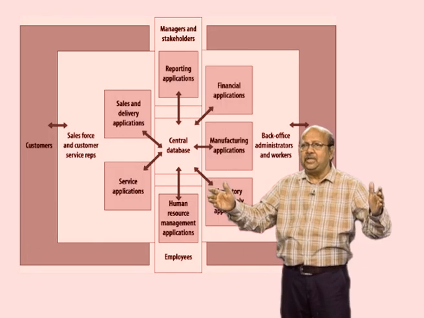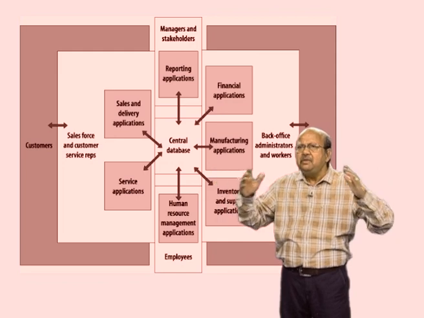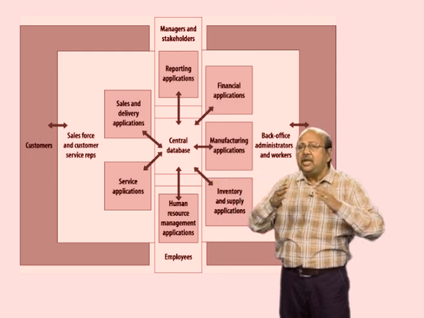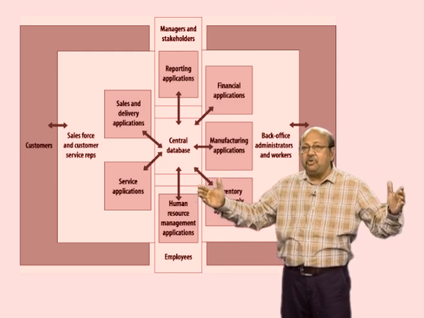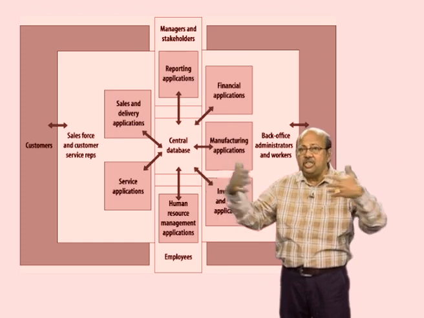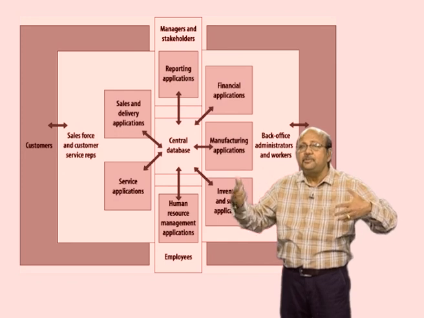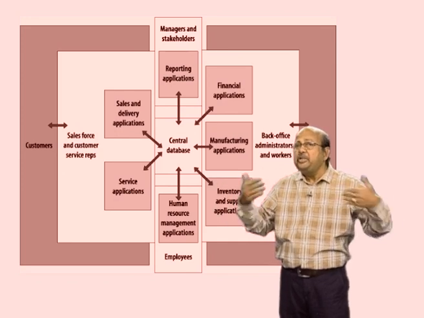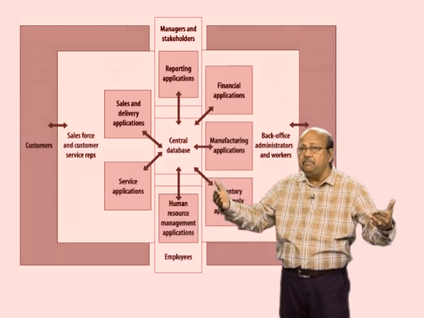For example, IT department, personnel department, sales department, purchase department; these are called the functional perspective. Functional perspectives have a lot of problems. Functional perspectives work in silos, so they do not talk to each other. That is the reason organizations face problems. We will not go into more detail of the functional perspective.